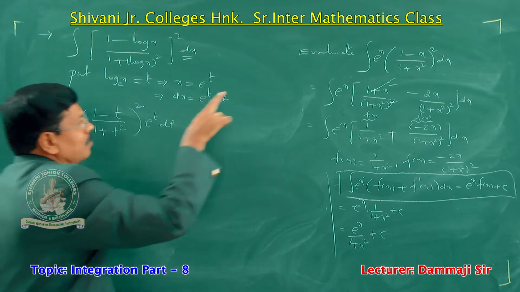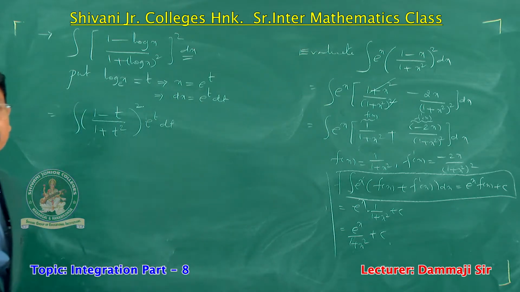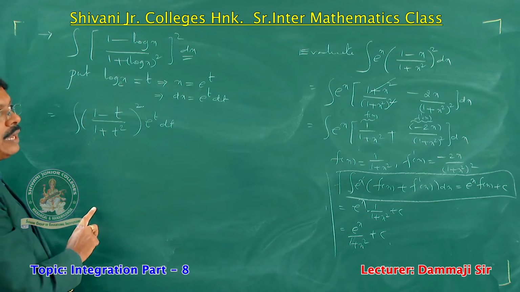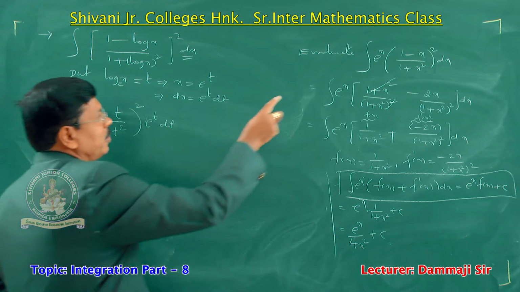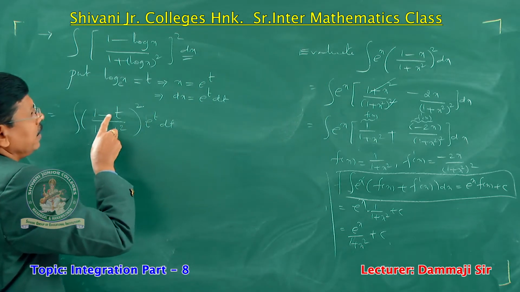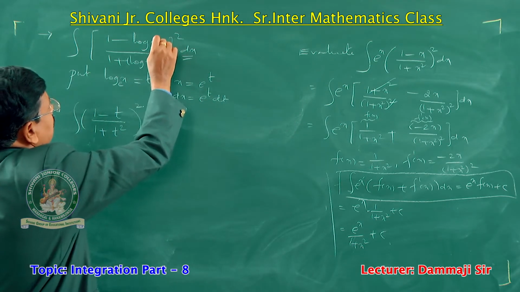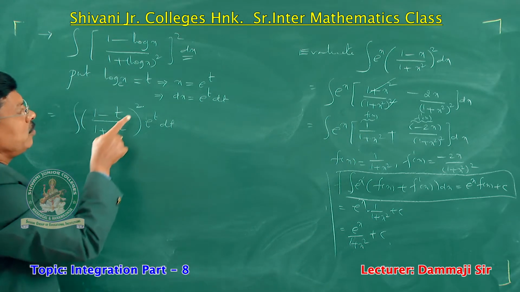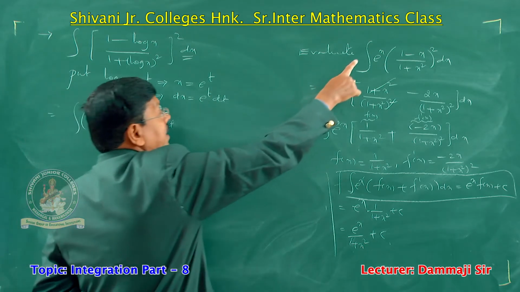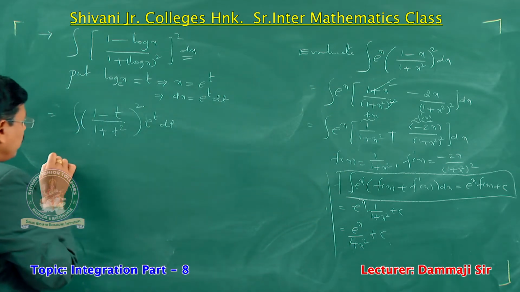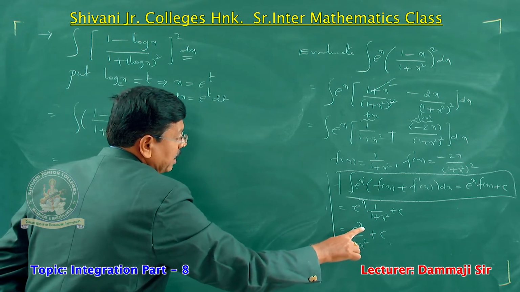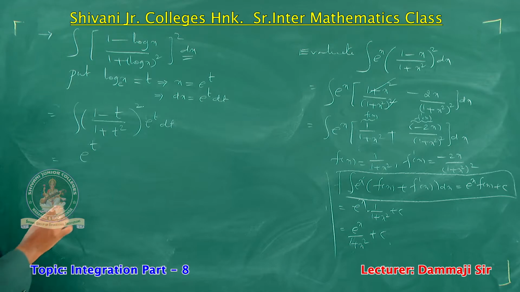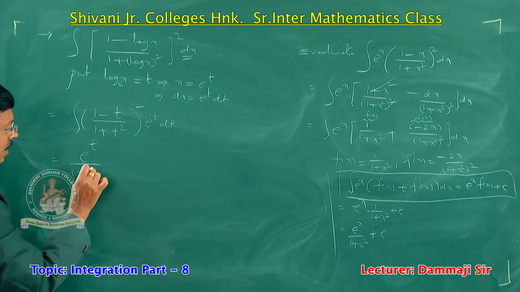Now we can observe the previous problem. The same formation is there: e power x, (1 minus x) by (1 plus x) whole square, and its result is e power x by 1 plus x square. Here in place of x we have t, so the result is e power t by 1 plus t square.